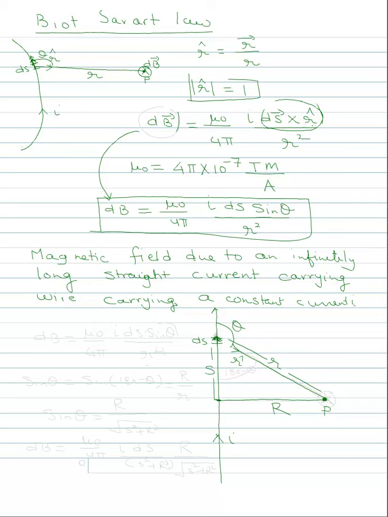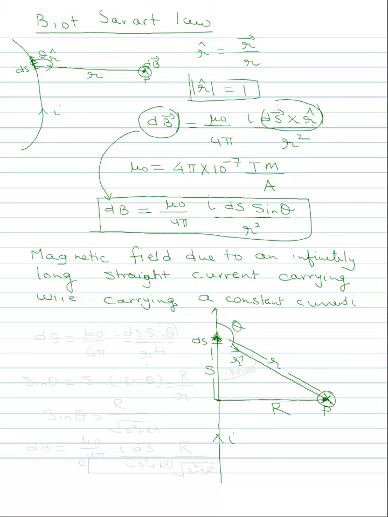So let's try it. So ds cross r hat, do you see that it's pointing into the paper because both ds and r hat are in the plane of the paper. So obviously the ds cross r hat vector, which is the direction of dB given by Biot-Savart law, will be pointing into the paper right here at point P. Okay, great.